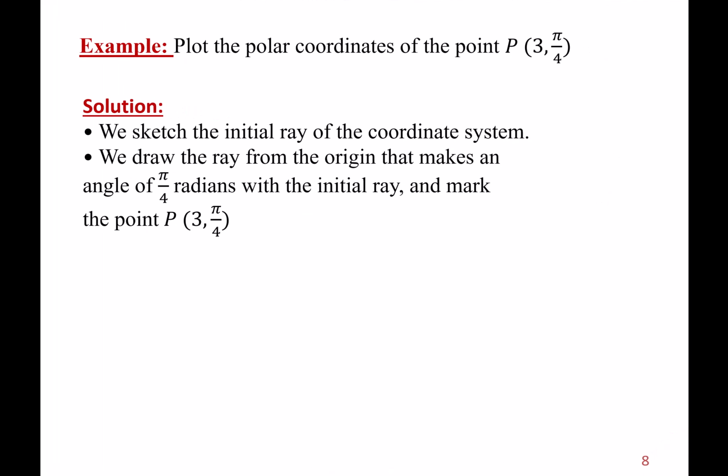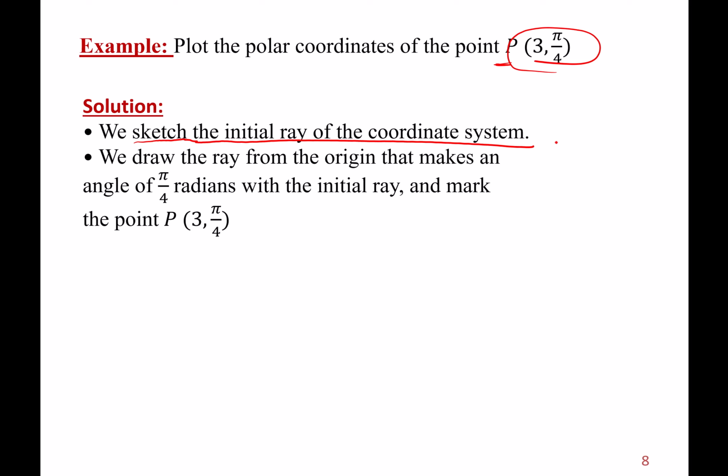Now take a look at this example. Plot the polar coordinate of point P equal to (3, pi over 4). The first thing we should do is get the initial ray of the coordinate system.